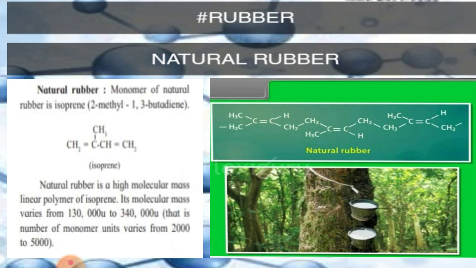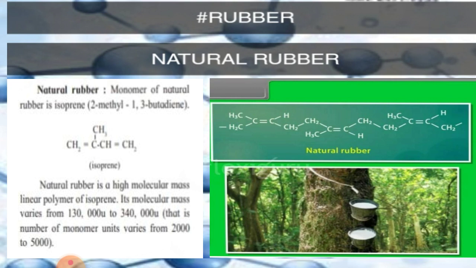And natural rubber has a high molecular mass. It is a linear polymer of isoprene. One isoprene monomer will link with another monomer, and further with another, in a linear process. Here it undergoes addition polymerization of isoprene. The monomers link together and give the polymer without loss of any small molecule.